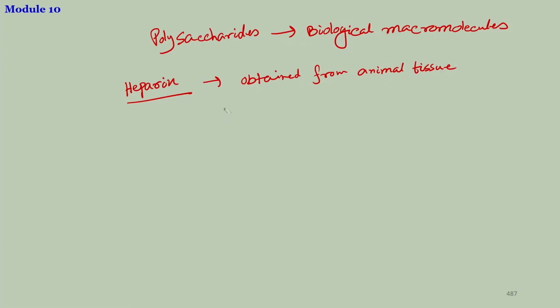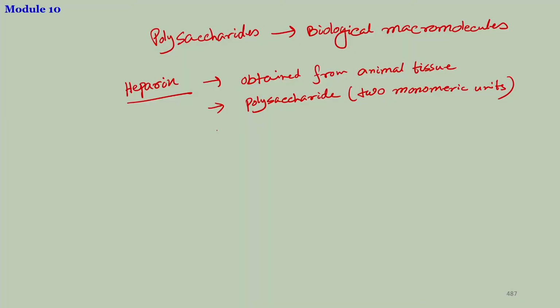This is a very important polysaccharide that has two monomeric units. So, the polymer is constituted of two different monomers attached together in a series. I will show you the structure.